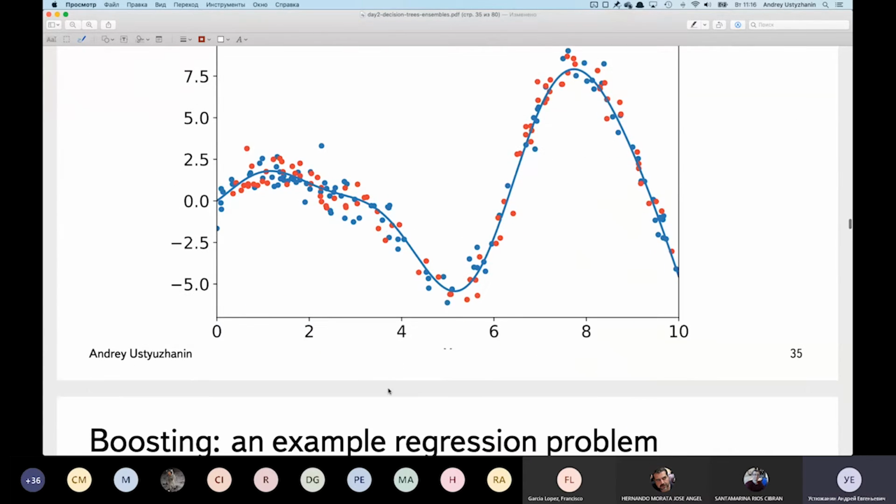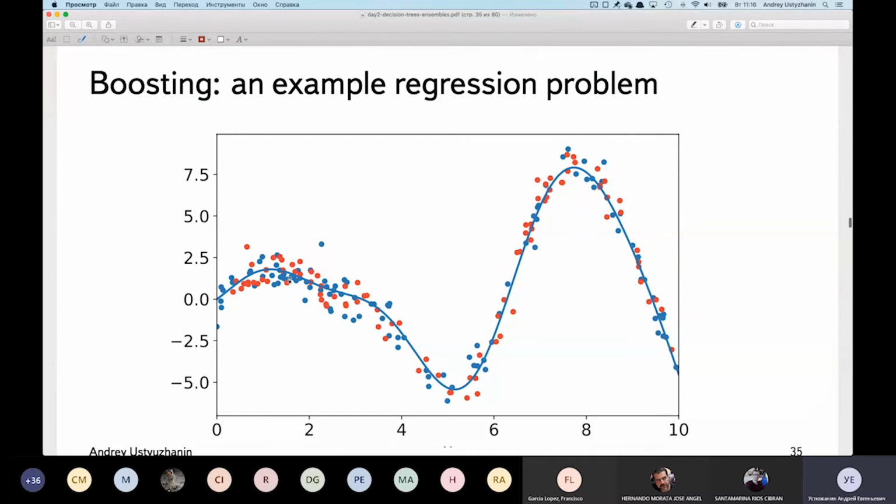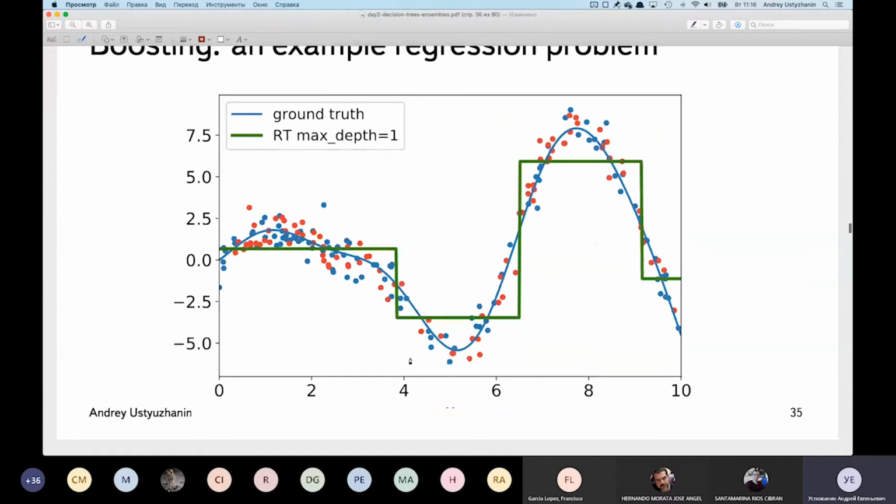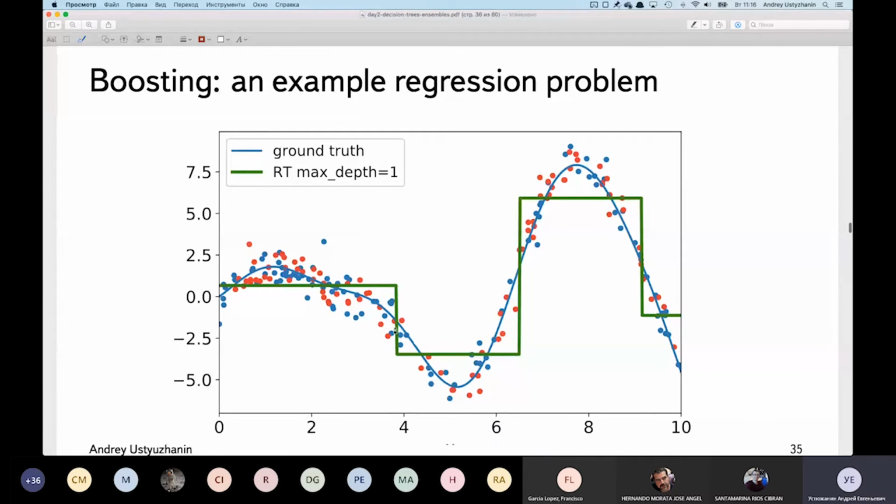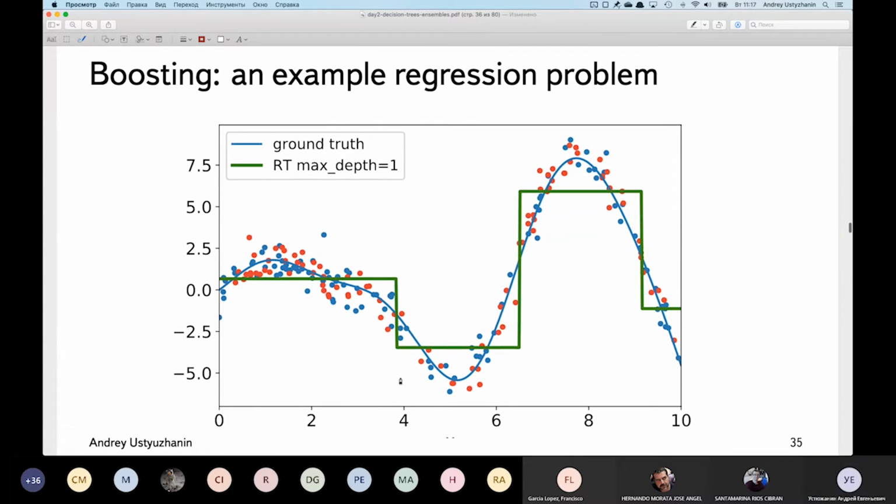So here is an example. We have a set of dots, and the color of the dots here doesn't mean anything. Those are just dots. And we build a so-called regression tree.